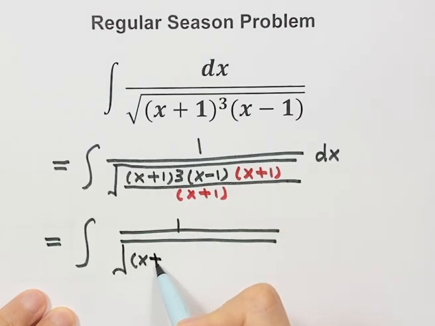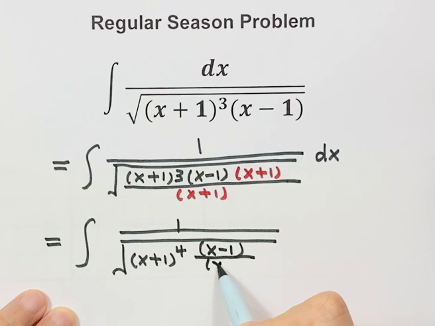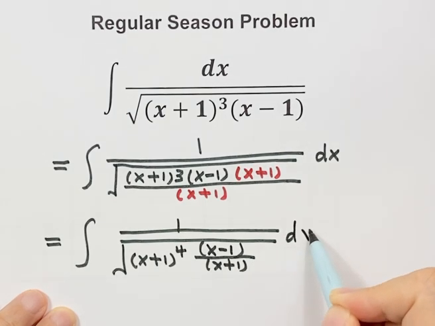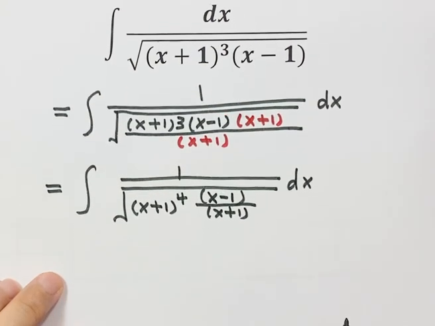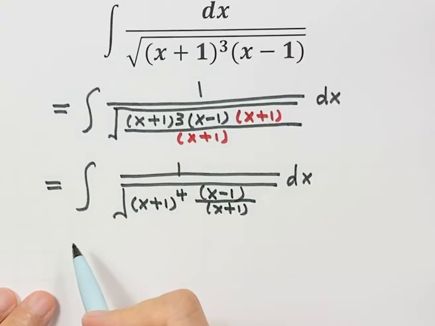That's (x+1)^4. Then put these two together. Then just (x-1)/(x+1). Here, dx.